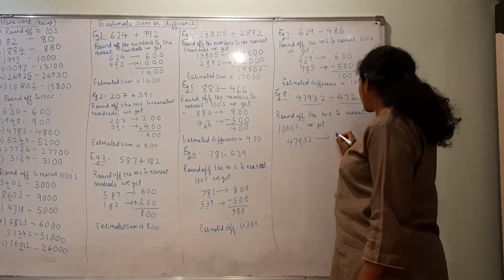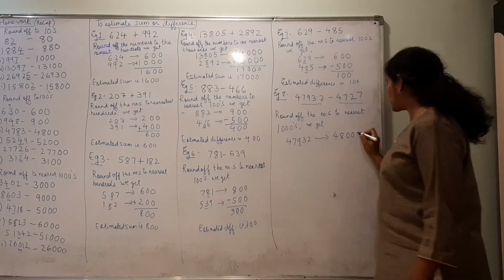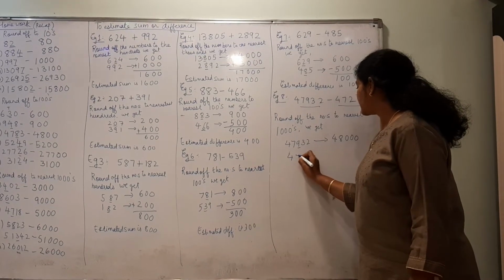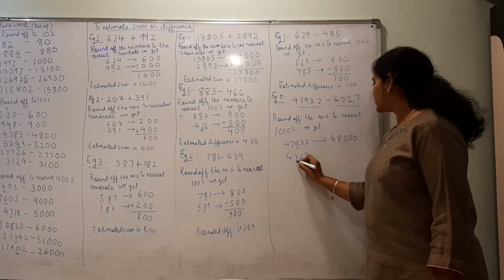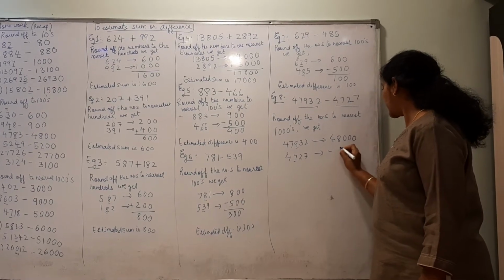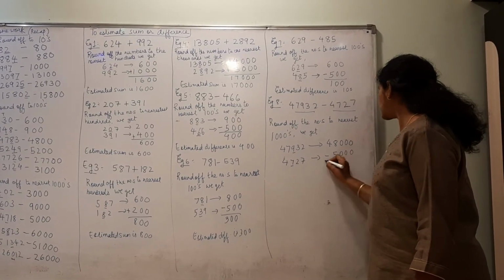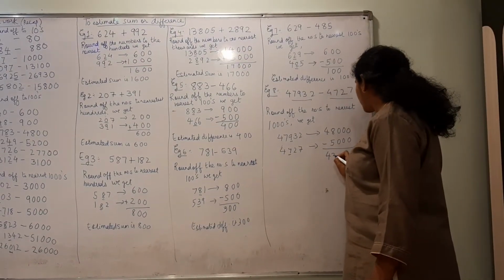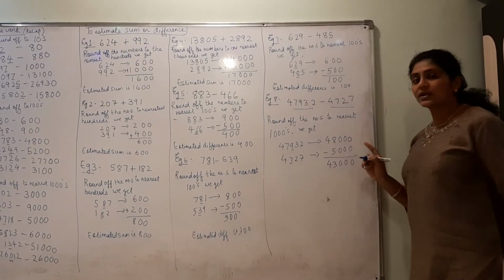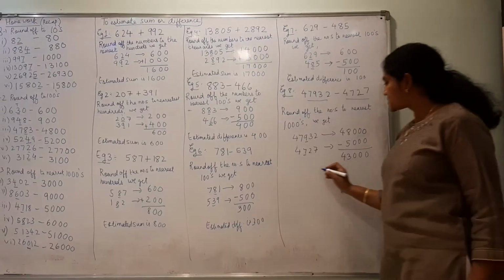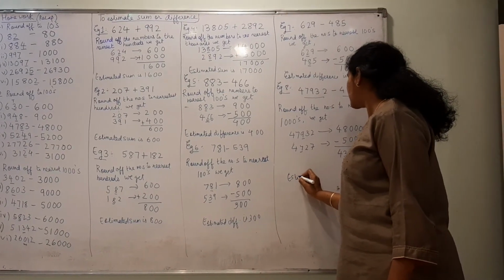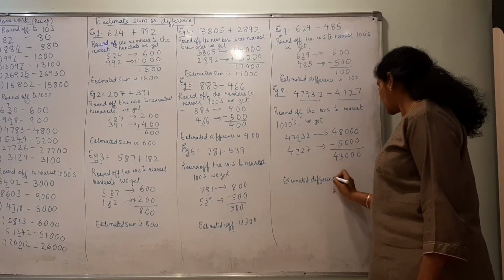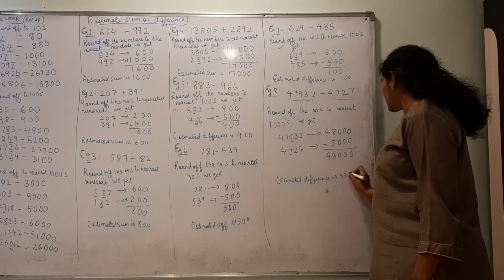Greater than 5, I will add 1 to it, it is 48,000. Similarly 4727, greater than 5, I will add 1, so this will be 5,000. I will subtract, this will be 43,000. So my estimated difference is 43,000.